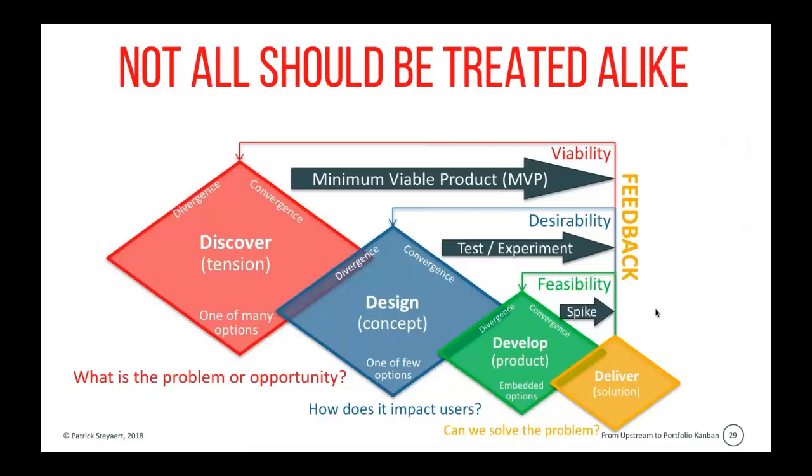But for some demands, the problem or opportunity might be quite clear, but it might not be clear how it impacts the solution, impacts the users. It's not clear whether the solution will be desirable to users, so we need to test or experiment. And in some cases, we need to test feasibility. So not every demand is the same, and not every demand requires the same treatment, and not every demand can be compared by the same standards.